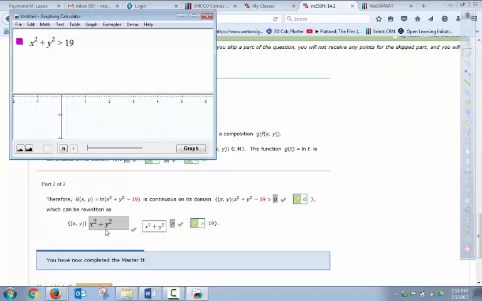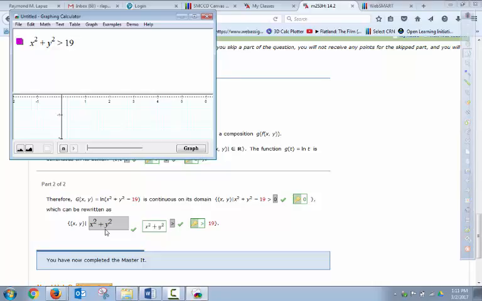So if it's bigger than 19, what can you say about this? It's like an infinite amount of circles past 19. Yes, every circle past 19, but it's just two-dimensional because the domain is in R2. So not just circles, but everything.